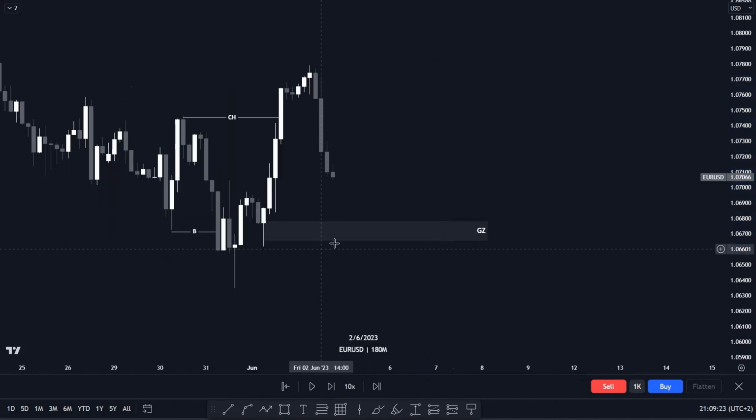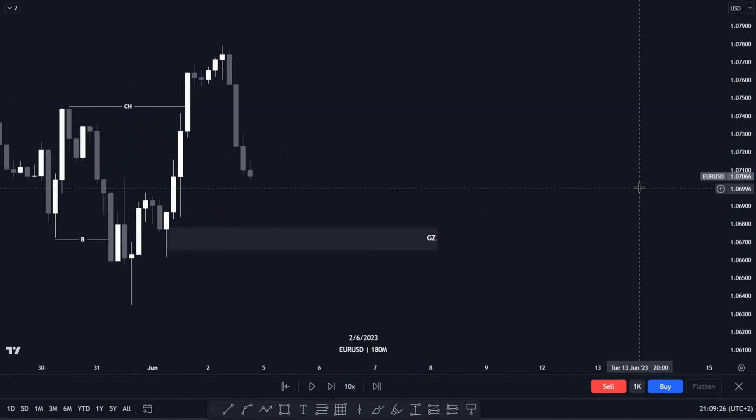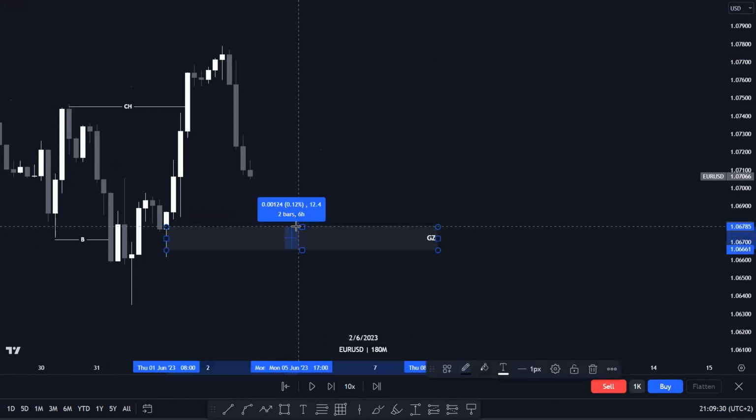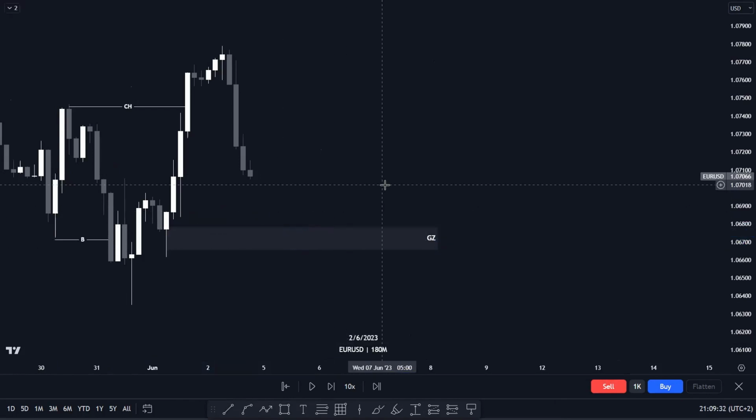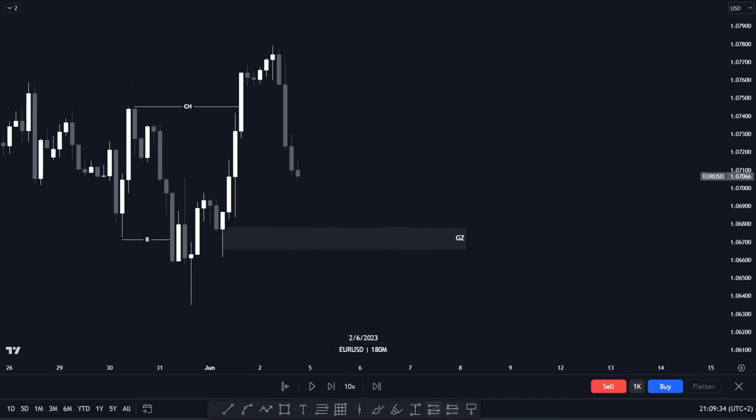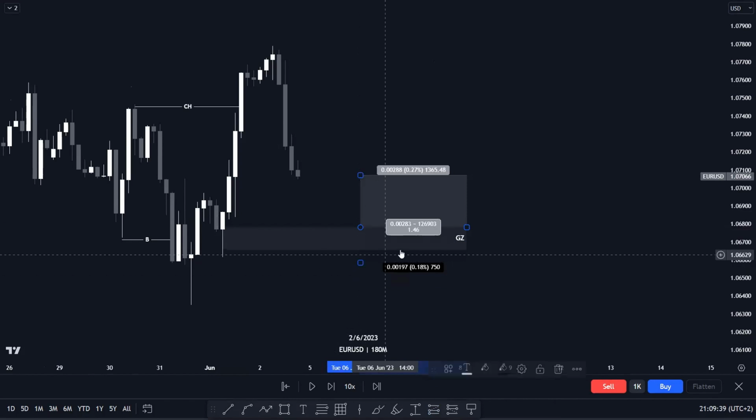So ultimately, with this entry here, we'll be risking around 10 pips, 12 pips. So let's just take our long position here, place it here.